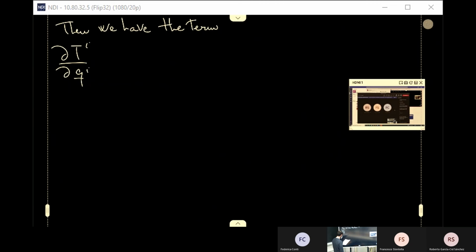Okay, this part here, and this is the following: 1/2 of the derivative with respect to qi of what?